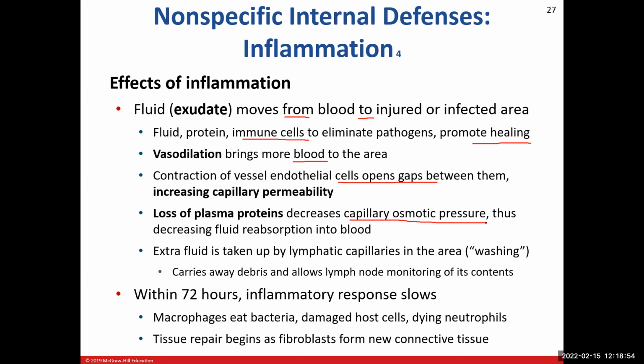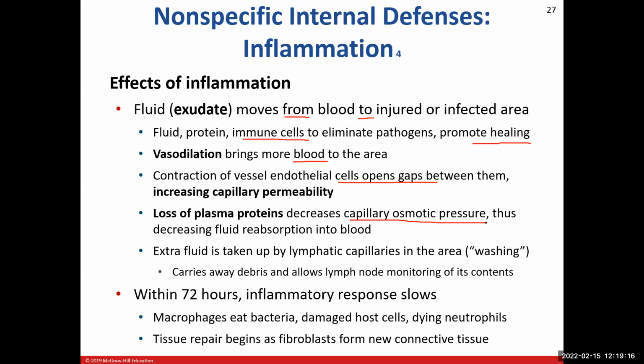So we're going to decrease the osmotic pressure inside the capillary. And if we decrease that osmotic pressure, then we're going to see a decrease in fluid reabsorption into the blood, which means more fluid will flow from the blood vessel out into the tissue.